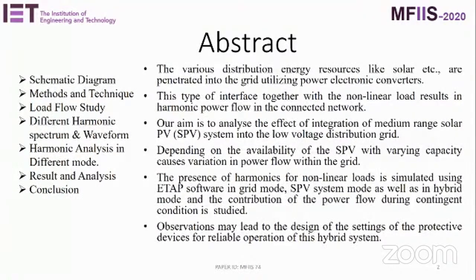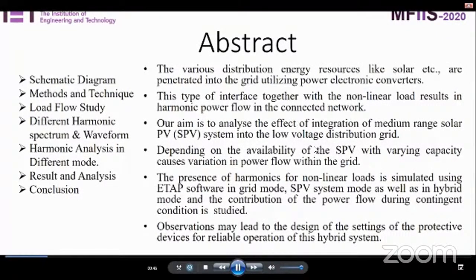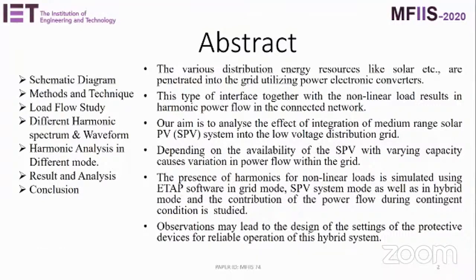In a microgrid, various distributed energy resources like solar are penetrated into the grid utilizing power electronics converters. This type of interface, together with the non-linear load, results in harmonic power flow in the connected network.